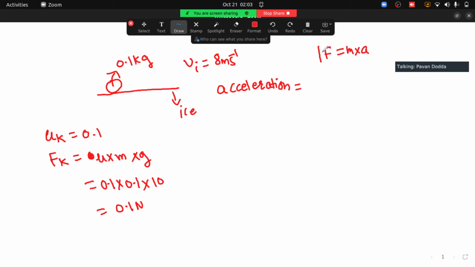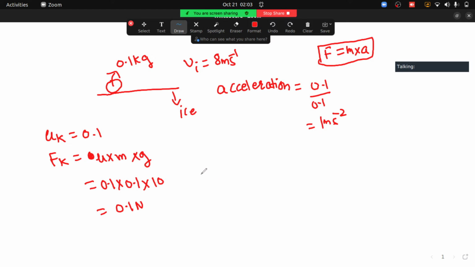So the acceleration would be 0.1 divided by the mass, which is 0.1. This is such a beautiful value, everything is going to be 1. So acceleration is 1 meter per second squared.